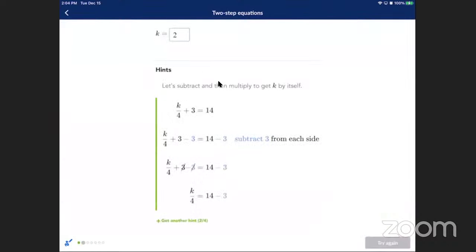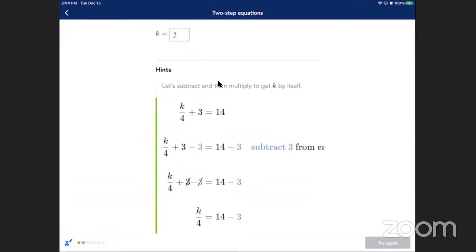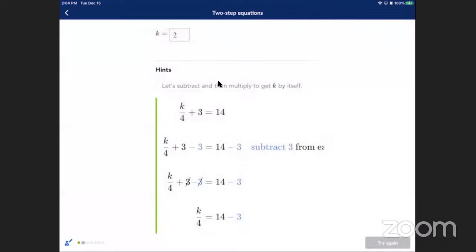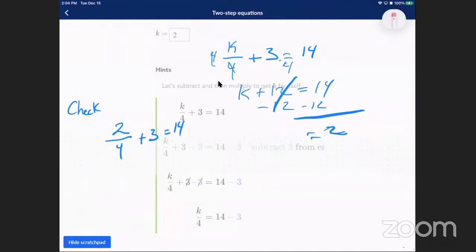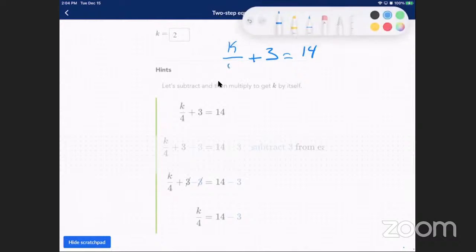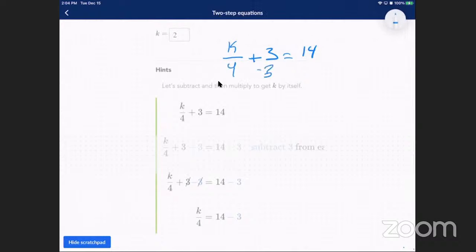Yeah, it's solved for 3. Okay. So we subtract 3 from each side. That's what we do first. We have to subtract 3 from each side. And then we end up with 11.